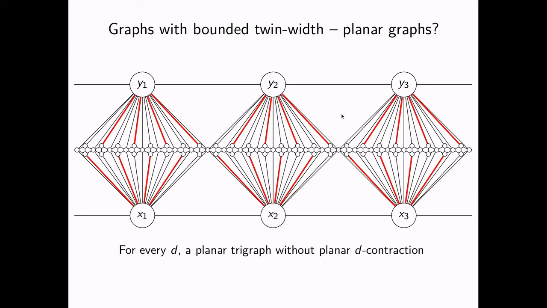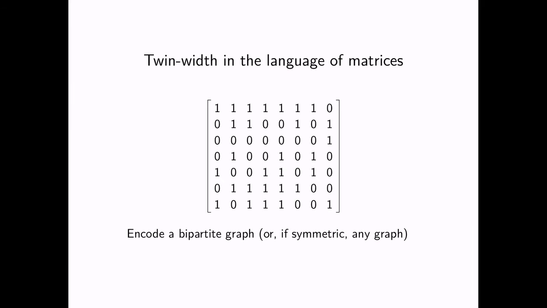So you will not manage to find something of the form: give me a planar trigraph, I know that I can contract 2 vertices and not increase the twin-width. This is not true. And so we need more things, and it will make us define twin-width in a more general setting, for matrices and for binary structures in general.